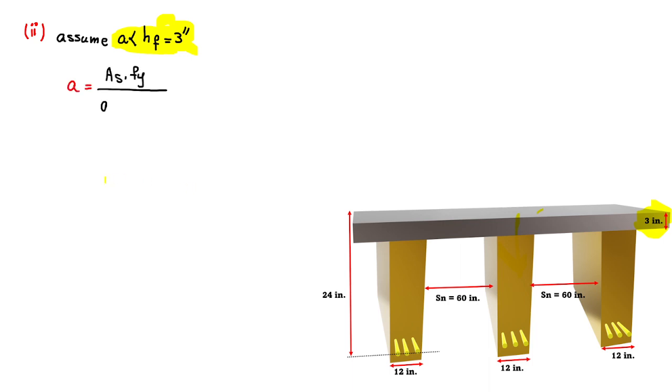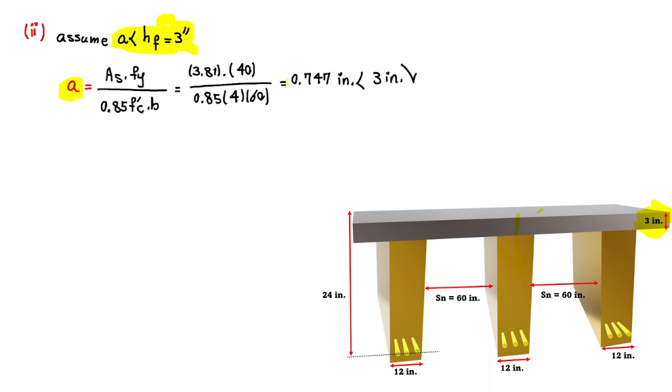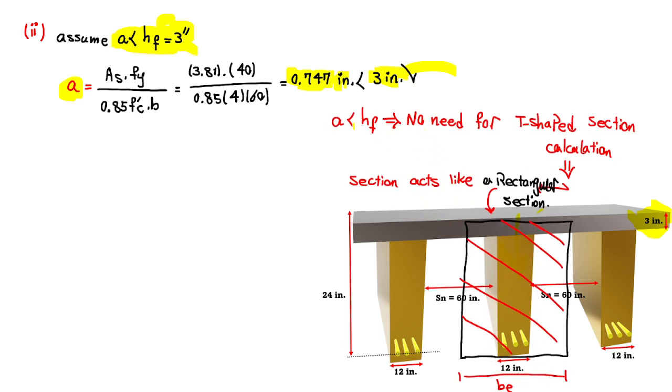In that sense, a is equal to 0.747 inches, and hf is 3 inches, so we don't need any Ah. a is smaller than the height of the flange, no need for T-shaped calculation. The section acts like a rectangular section with the effective depth of 24, like it remains the same, and the effective width which we already calculated in part A, which is 60 inches.